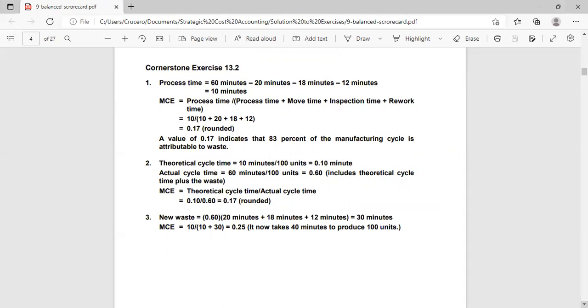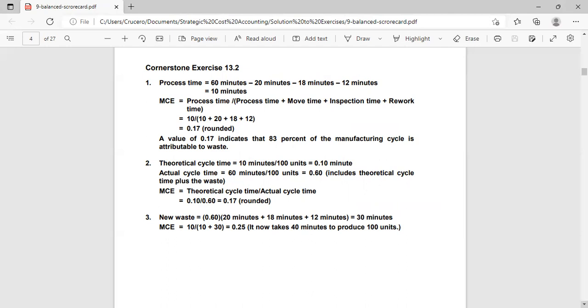So, requirement number 1, the MCE. The process time is 60 minutes minus 20 minutes minus 18 minutes minus 12 minutes, so the remainder is only 10 minutes.